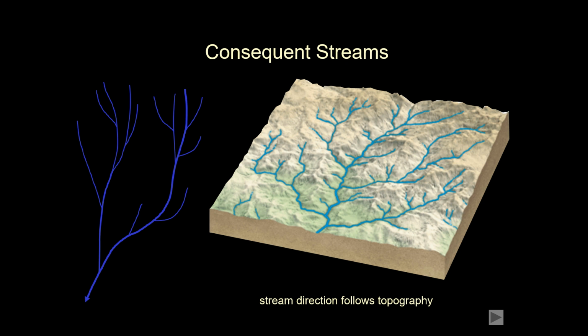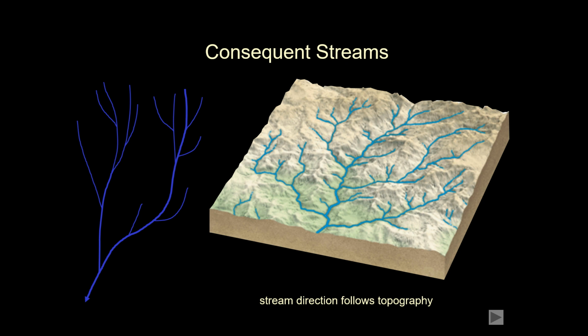I also wanted to draw a distinction in terms of the stream patterns, the configuration that different streams take. And I wanted to mention consequent streams. Consequent streams are streams where the direction of the stream just flows with the lay of the land, just follows the contours of the land, the water responding to gravity, flowing from higher elevations to lower elevations, not really influenced at all by what the stream or river is flowing over.